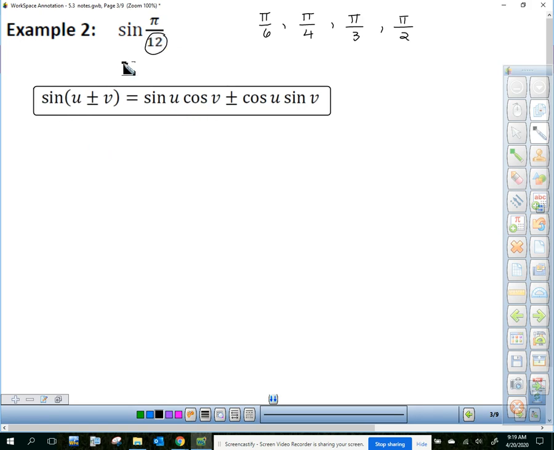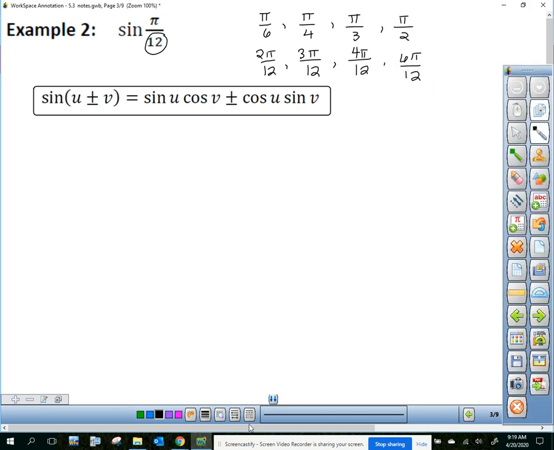So then I can break pi 12ths down into the sum or difference of two reference angles. All right, so I've got 1/6 would be the same as 2/12. 1/4 would be the same as 3/12, etc. So that becomes 4 pi 12, and that becomes 6 pi 12.